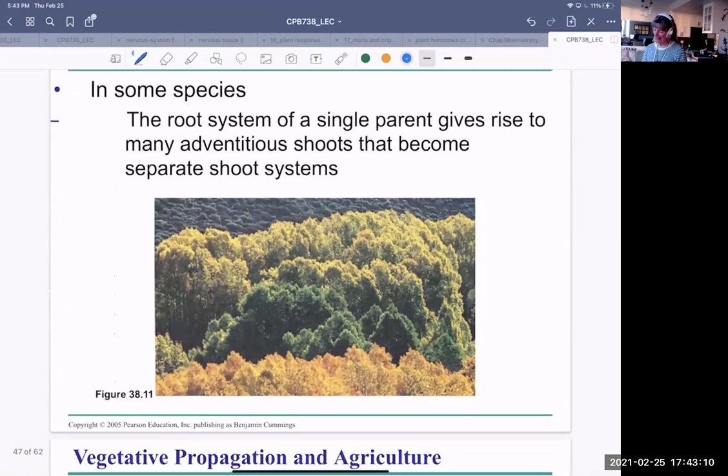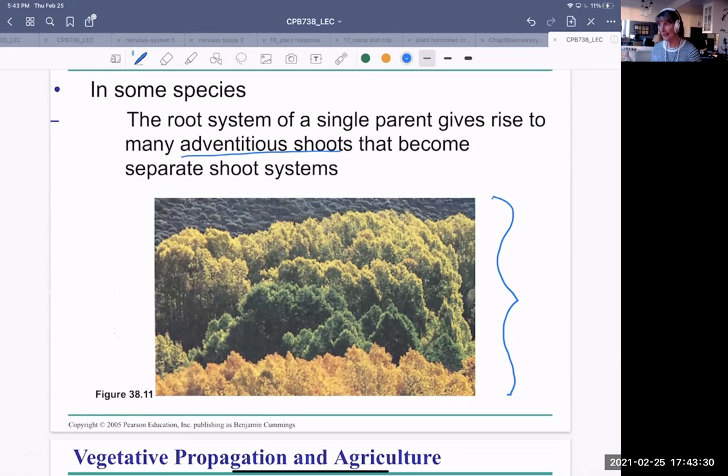Sometimes the root system of a single parent gives rise to what are known as adventitious shoots, and they all become separate shoot systems. This is a grove of, I think, aspens, and they all have the same root system, the same parent.